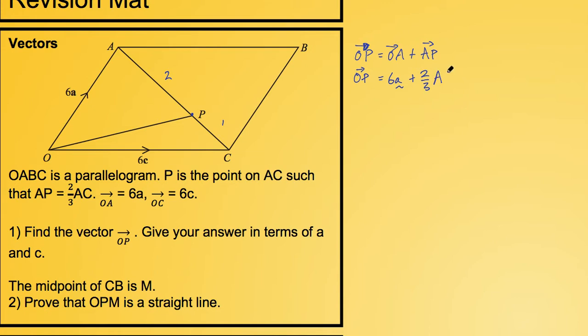So I'm just going to leave that in this notation to begin with, 2/3 of AC. Still using OP, 6A plus 2/3 of, and AC is minus 6A plus 6C.